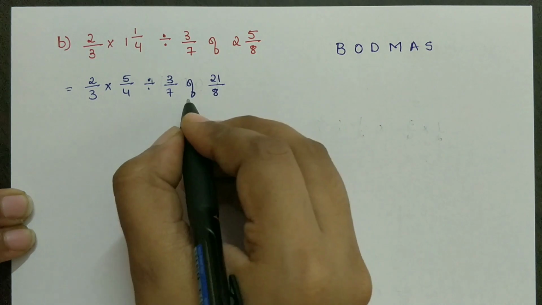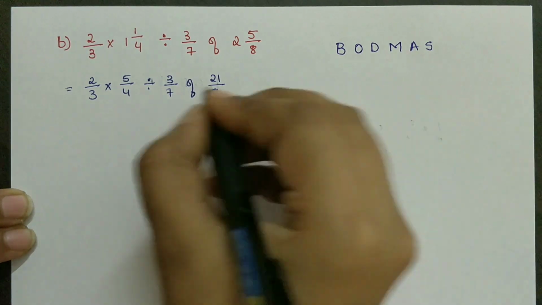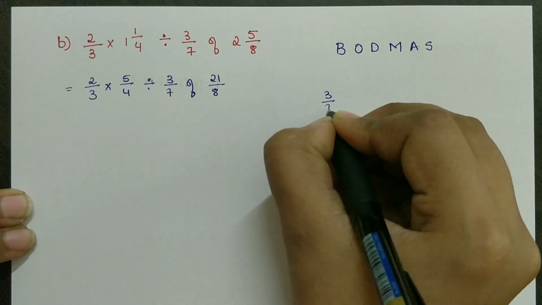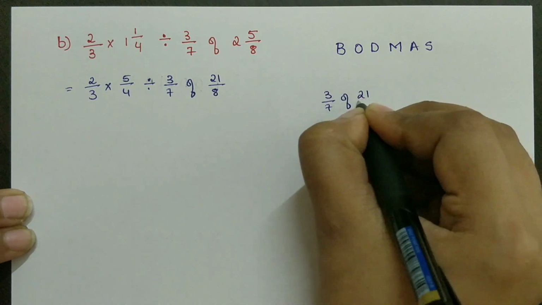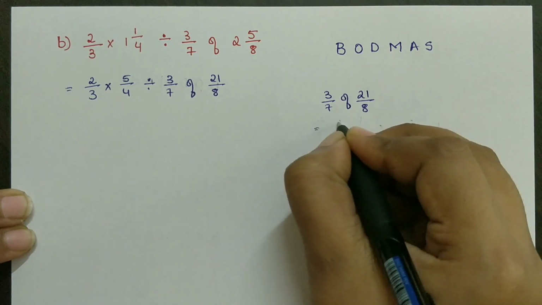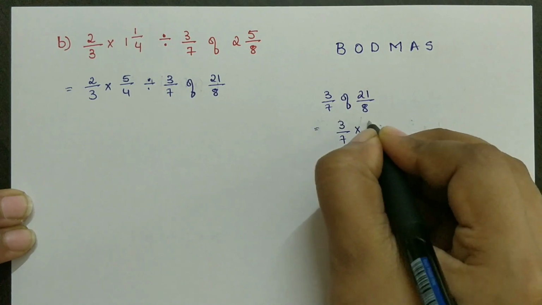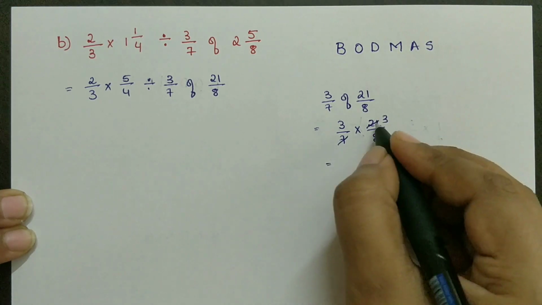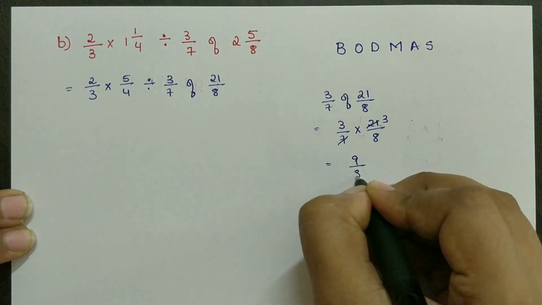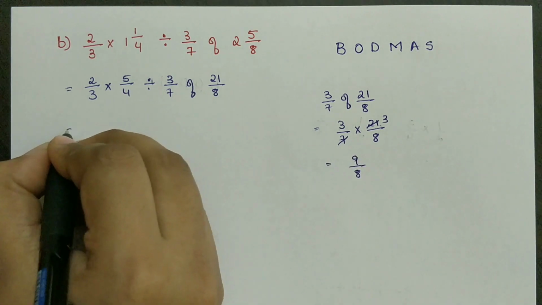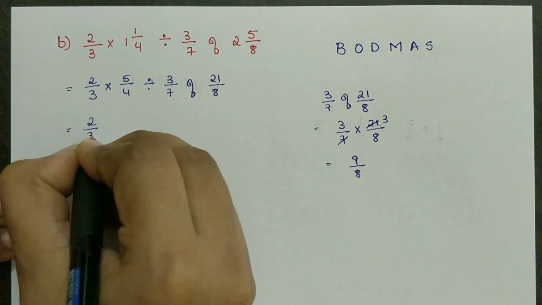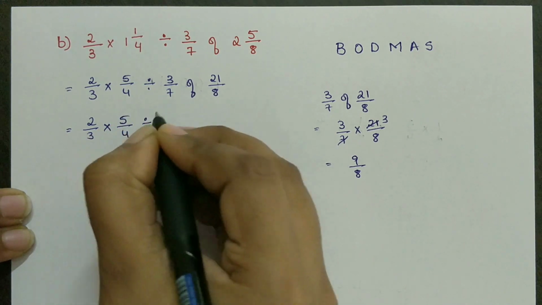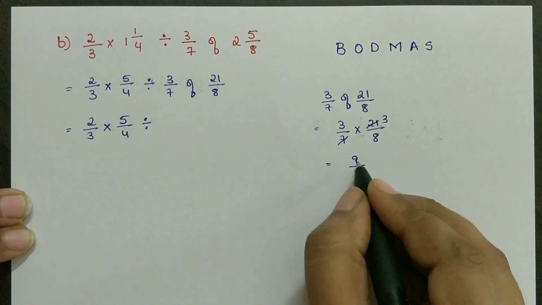Now first remove of: 3 by 7 of 21 by 8 equals 3 by 7 into 21 by 8. 7 threes are 21, so 3 threes, and 9 by 8. So 2 by 3 into 5 by 4 divided by, this is equal to 9 by 8.